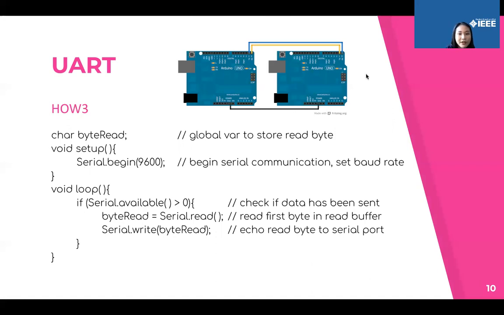And then over here, if you remember from our Valentine's Day lecture, we remember to begin our serial communication and specify the baud rate. We wait for available bytes in the buffer, and then we echo back the byte we read from serial communication. Pretty straightforward. This is the same logic you're going to be using in your project.